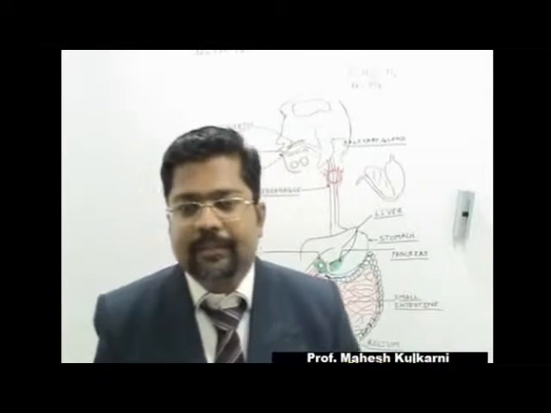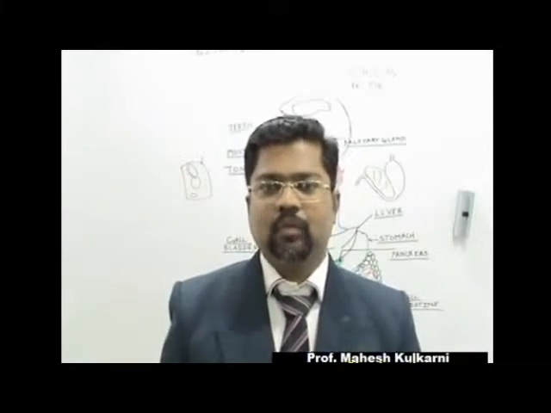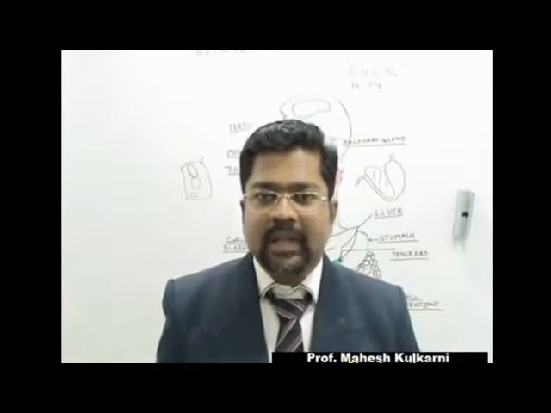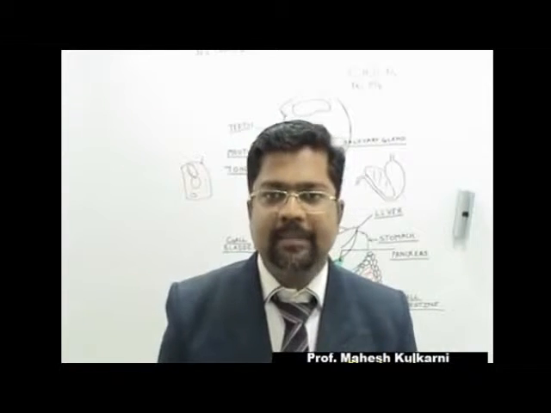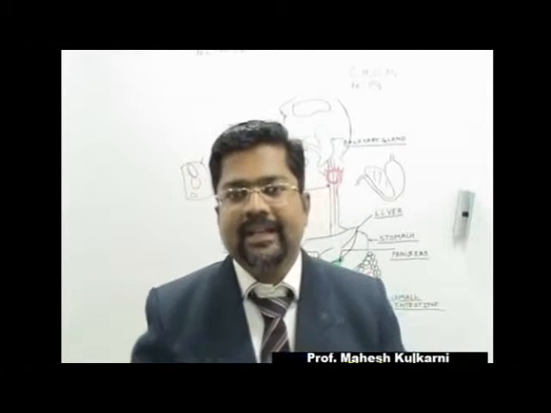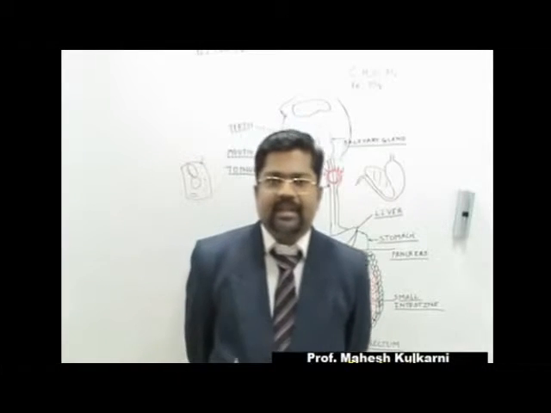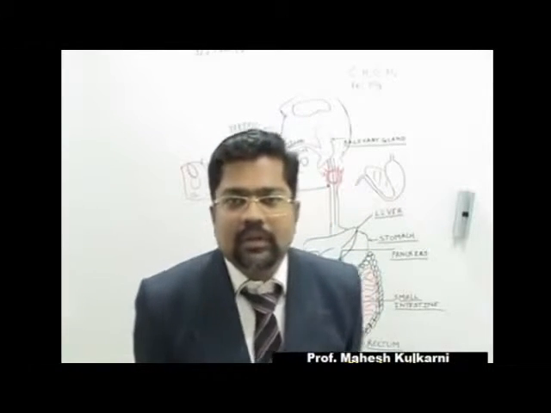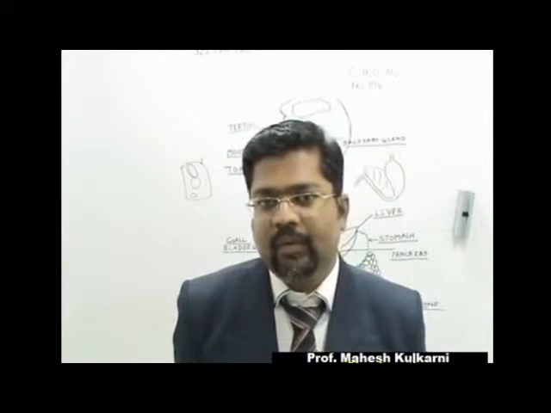Now the pancreas has two parts. One is called the exocrine part and the other is called the endocrine part. Now what is the exocrine part and what is the endocrine part? It is basically about the type of enzyme or type of secretion they have.